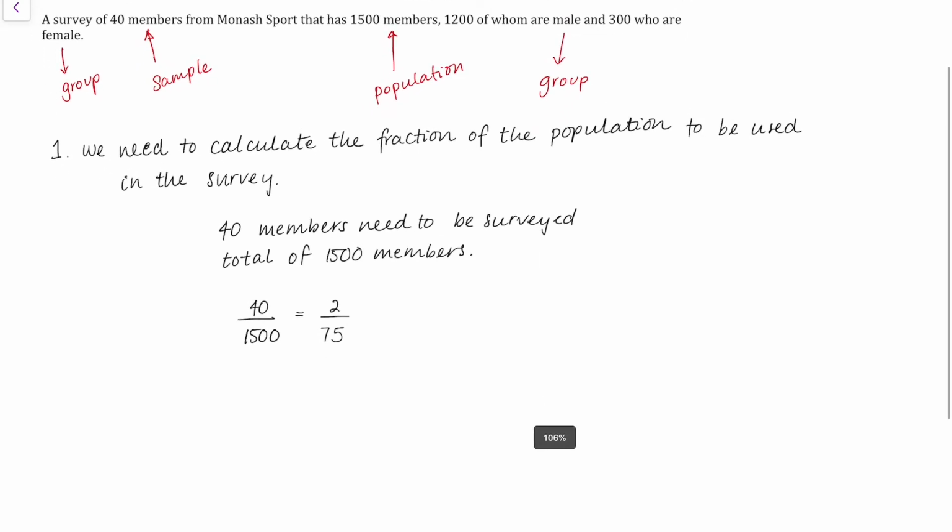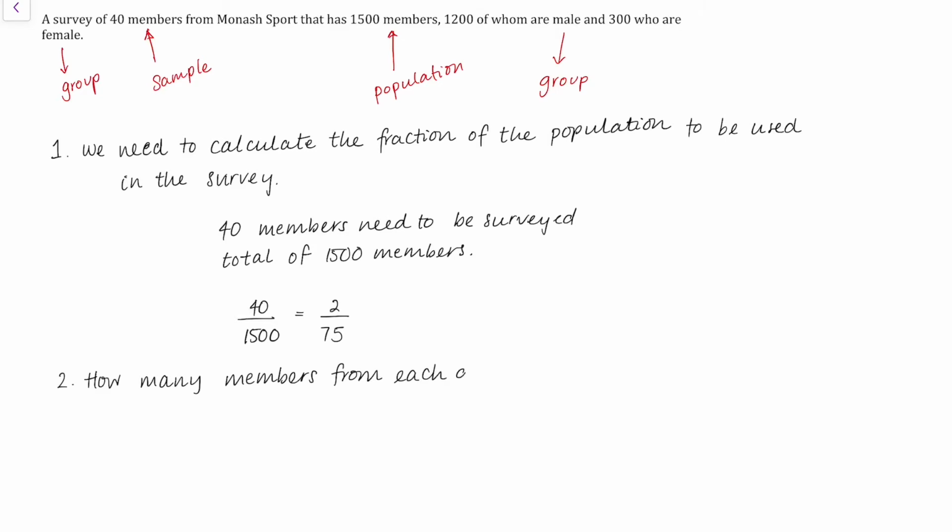So now what we need to do is the following. We need to work out how many members from each group need to be surveyed. So let's start by calculating how many males need to be surveyed for this particular survey.